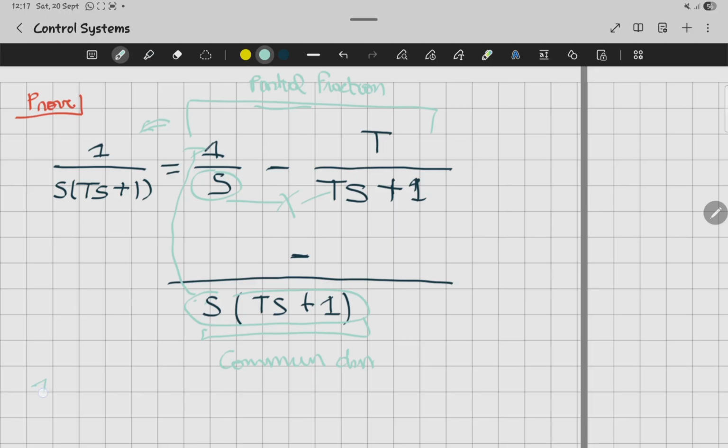So we're going to take the common denominator; it's going to be 1 times the common denominator over the denominator of the first fraction, and the same goes for this side. So it's going to be the t that we find there times the common denominator over its own denominator.